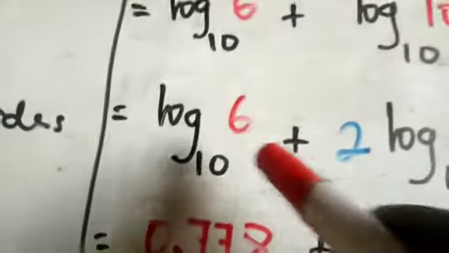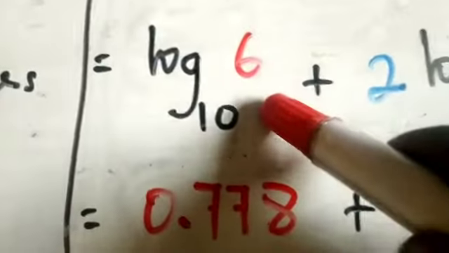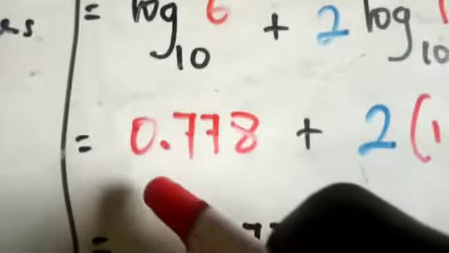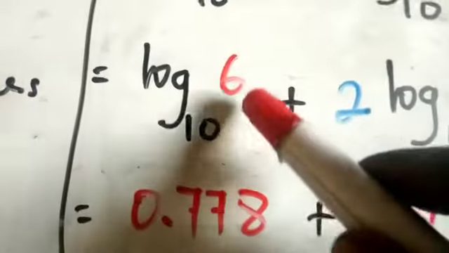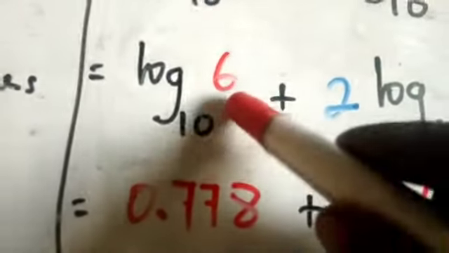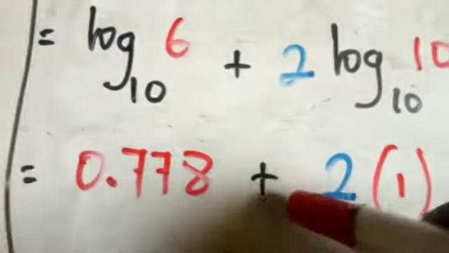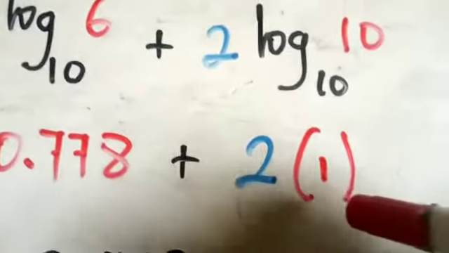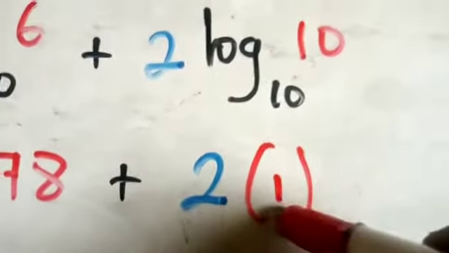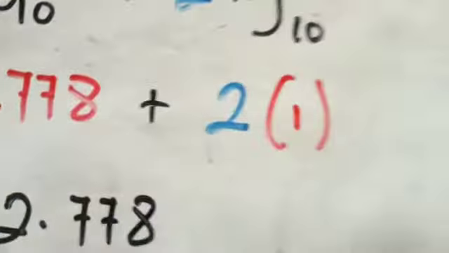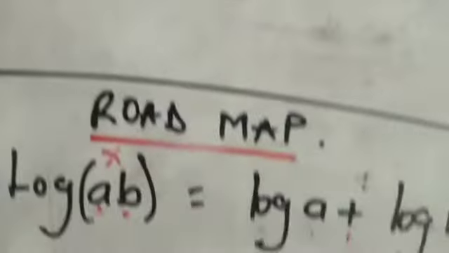Now we are given this in the question. Obviously we are given that log 6 base 10 is equal to 0.778, so here I'm just replacing. That's what we are given here, plus 2. Where is this one coming from? Remember that one of the laws is that log of the same base is equal to 1.